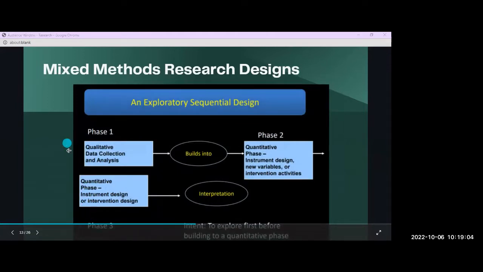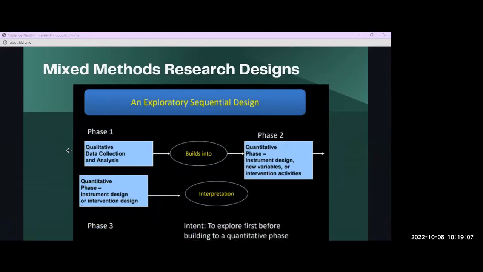The next design is exploratory sequential design. When we say sequential, it is one over the other. Meaning, one method over the other. So in an exploratory sequential design, it will start first with qualitative research, conducting interviews and focus group discussions.